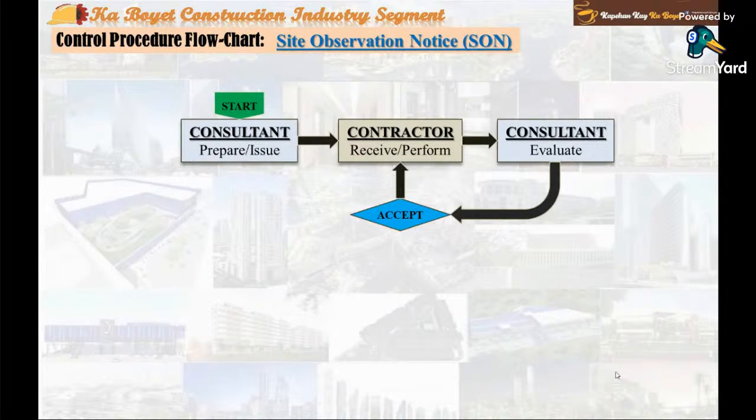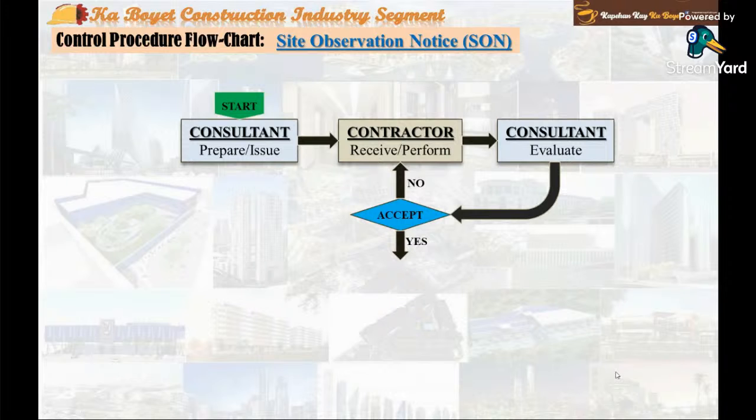If it is not acceptable, return the contractor's SON proposed contractor disposition with CSC comments, and the contractor corrects, modifies, or rectifies his proposed contractor disposition in accordance with reference to the consultant comments, and resubmits the SON proposed contractor disposition.